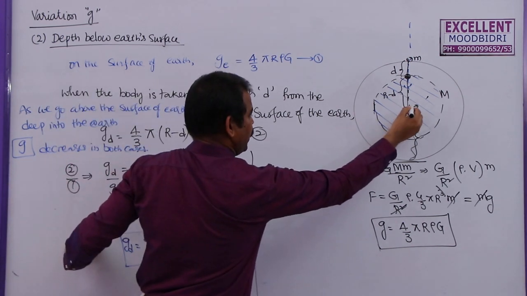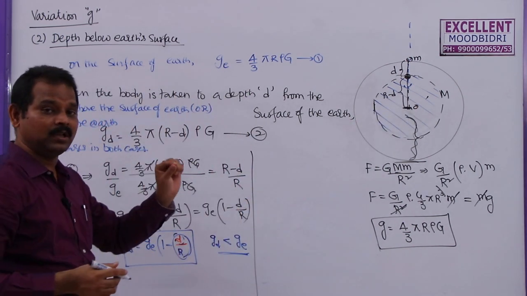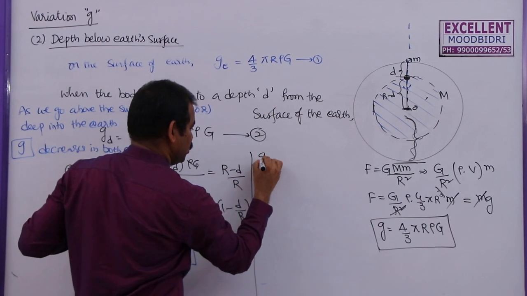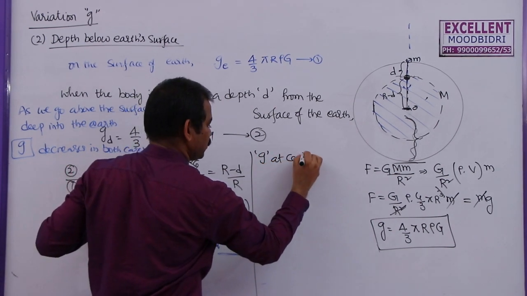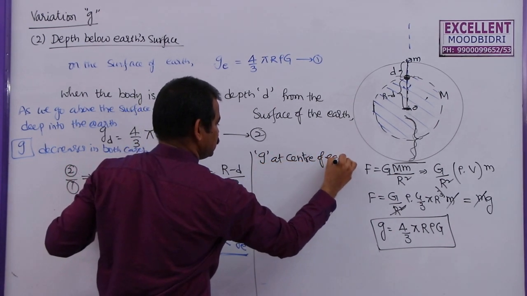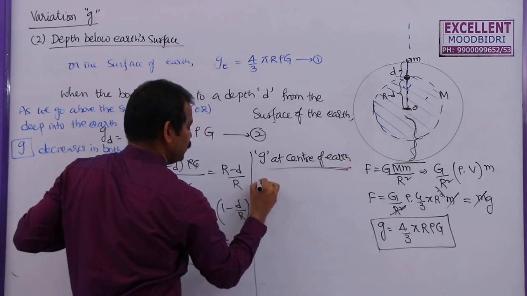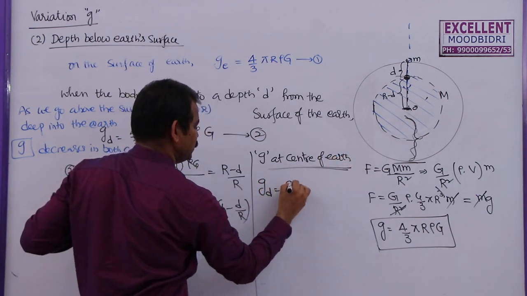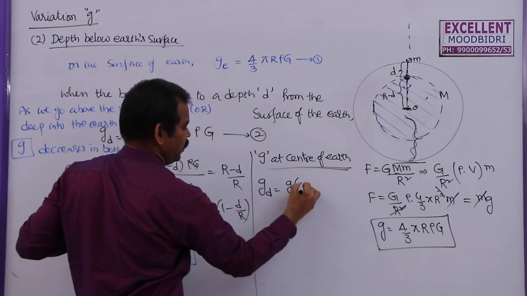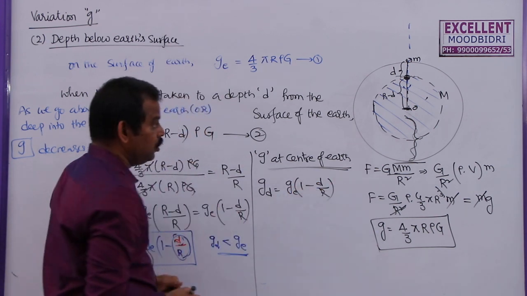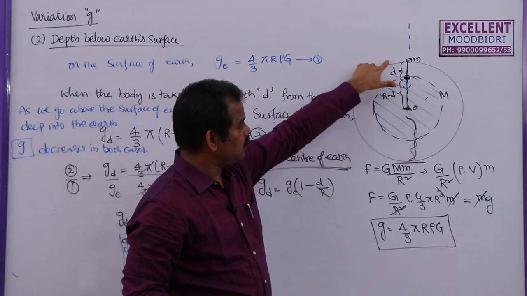If you take this point, that is the center of the earth, what is small g at the center of earth? Small g at depth d is given by g on the surface of earth into 1 minus d by R. So what is the depth here? Depth is nothing but the radius of the body.